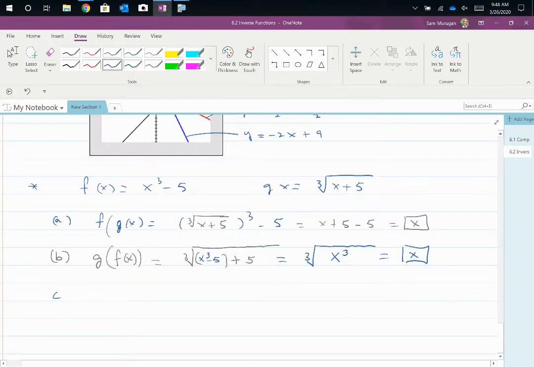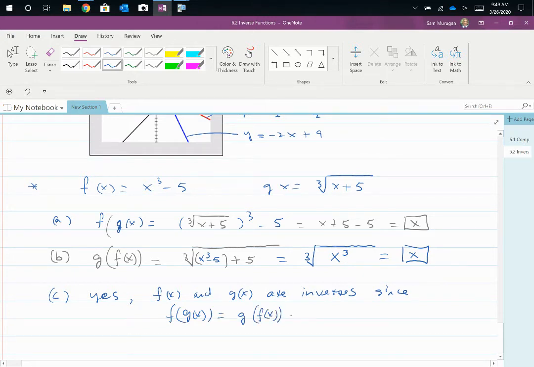So yes, f of x and g of x are inverses, since f composed of g of x is equal to g composed of f of x, both equal to x.